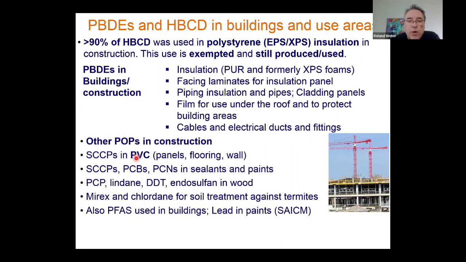We will come to it tomorrow in a presentation. And also in history, PCBs and polychlorinated naphthalenes have been used, for example, in sealants and in paints in buildings. And certain pesticides have been used in wood, like pentachlorophenol, DDT, lindane, endosulfan as a wood protection.